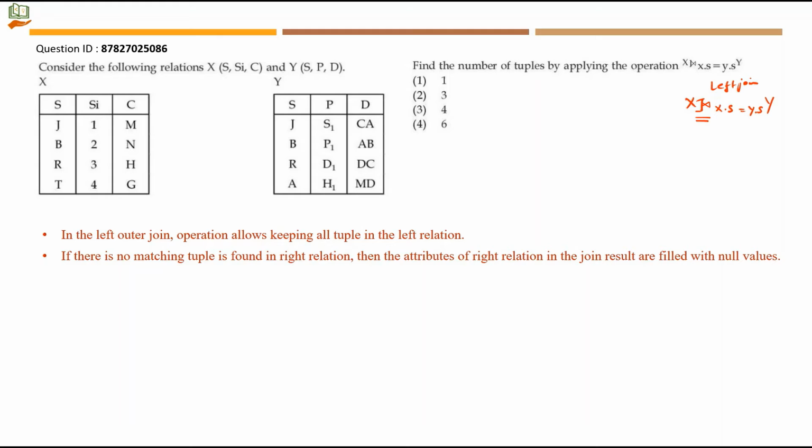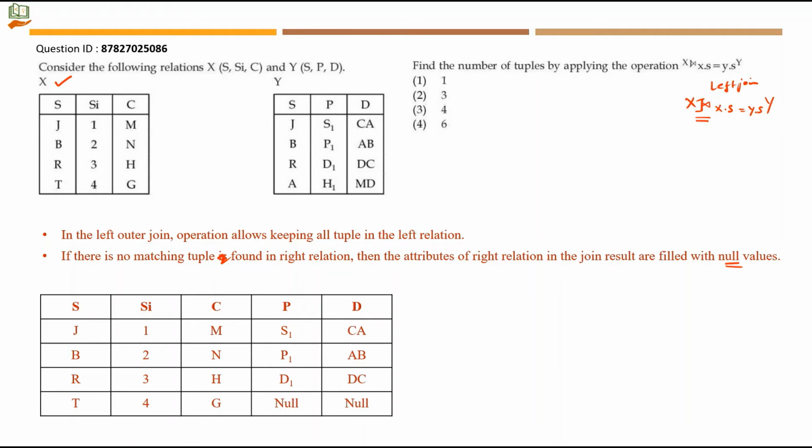In left join, the operation allows keeping all tuples in the left relation. Everything will be present from X. If there is no matching tuple in the right relation, then the attributes of the right relation are filled with null values. Now the result of this left join will be like this.